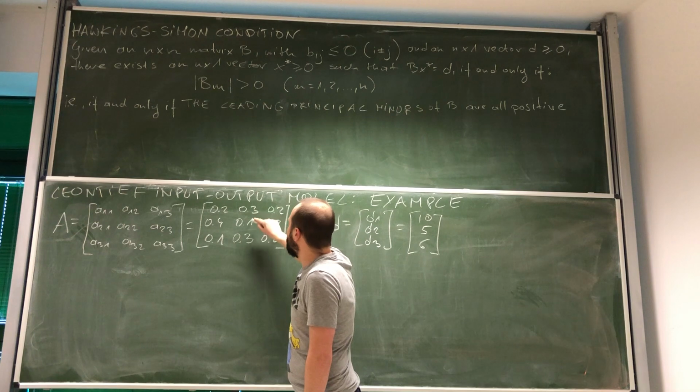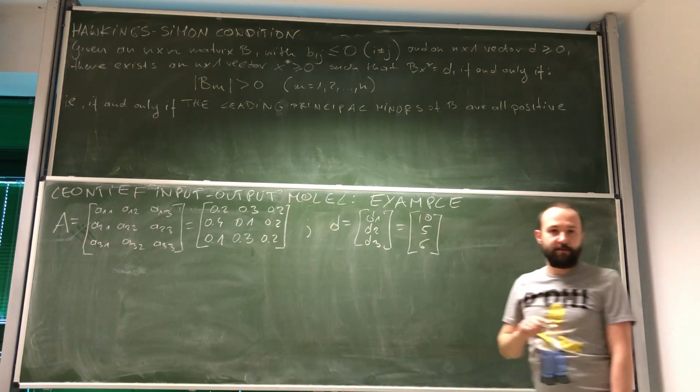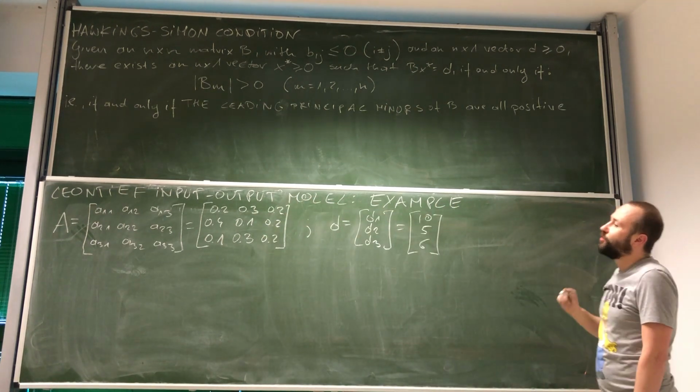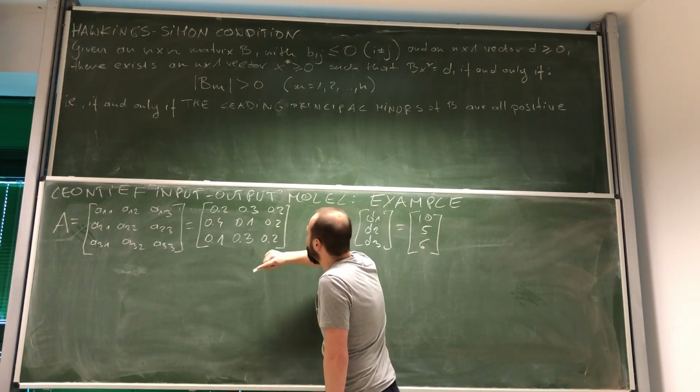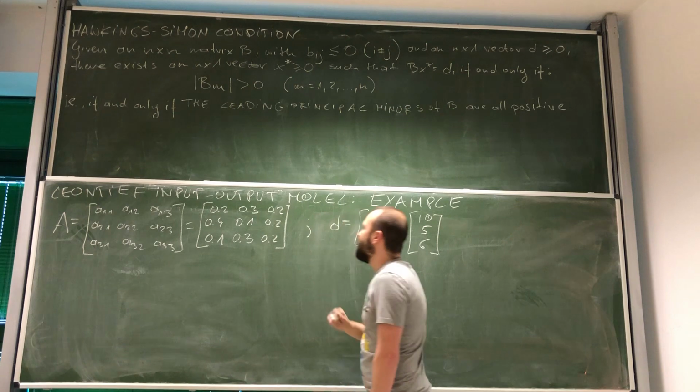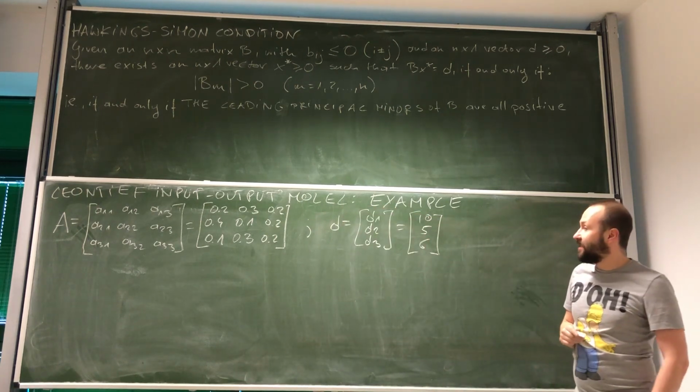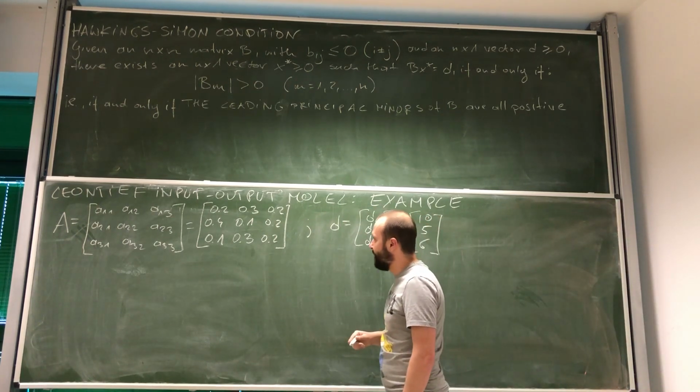In order to produce 1 unit of good 2, we need to use $1 worth of good 2. We need 10 cents worth of good 2.